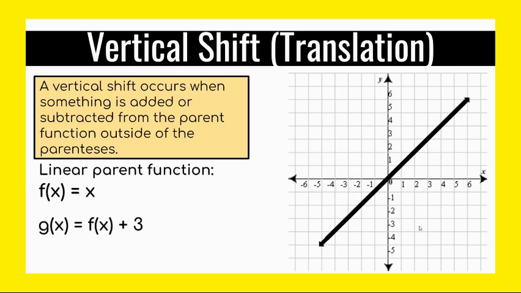Here, I'm giving you g of x is equal to f of x plus 3. Well, I told you f of x is equal to x, so I can just substitute x in for f of x. And so what that means is I've got a slope of 1 still, but my y-intercept is 3. So if I was to graph this line, it would be a parallel line just up at 3.